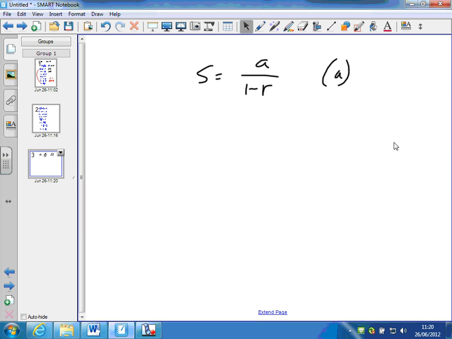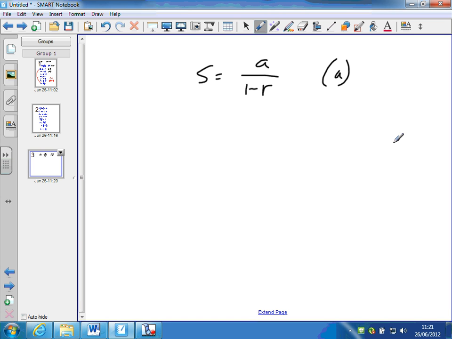Okay, now what about this extension part? Well, back to the original formula, S equals A over 1 minus R. Rearrange for A, and then write it in the two possible forms. See if you can do that. So the solution follows.